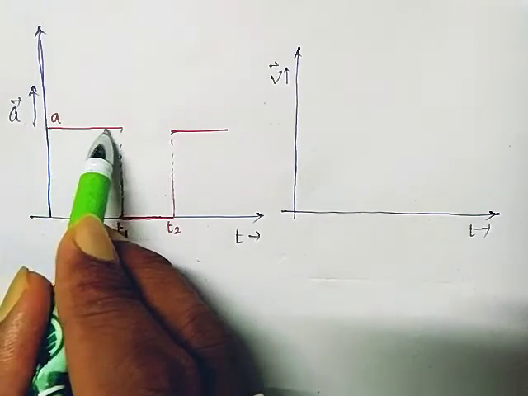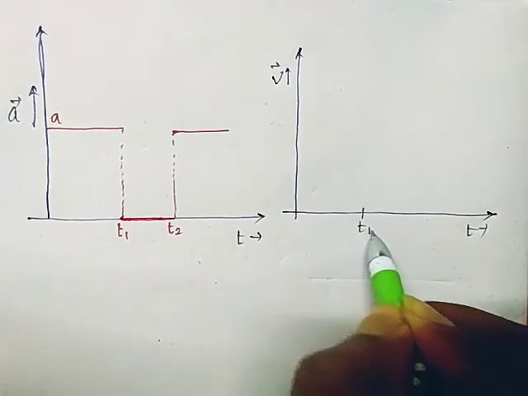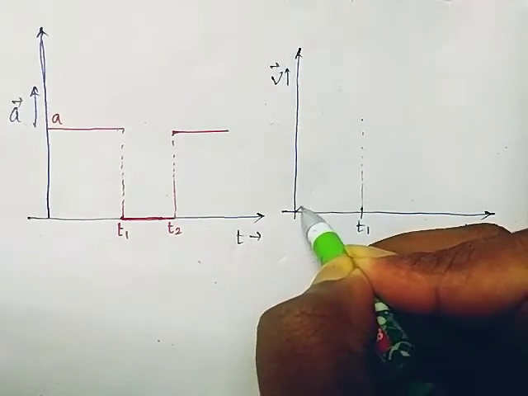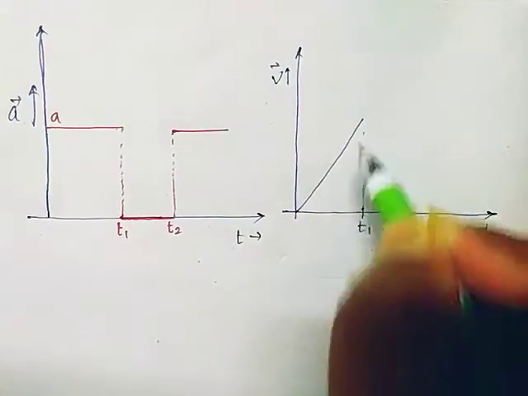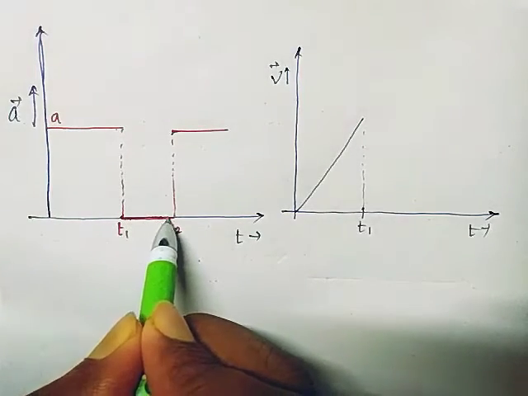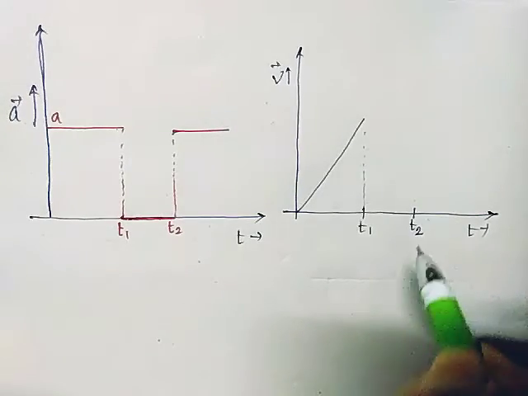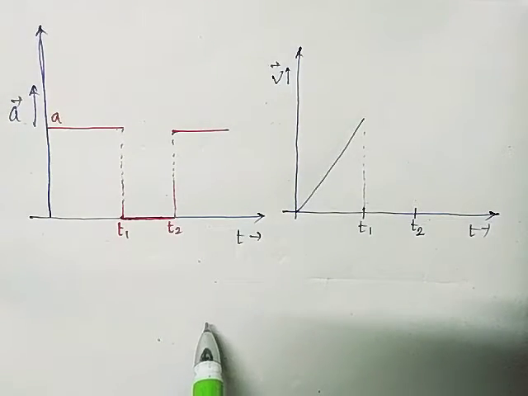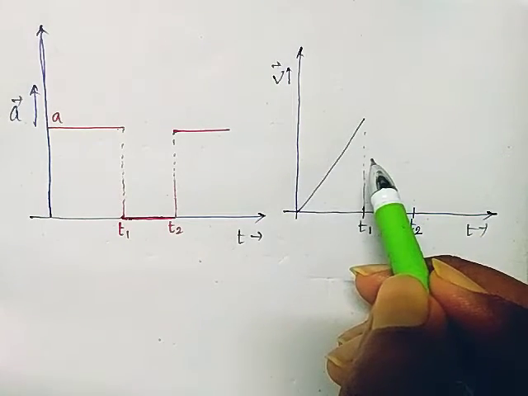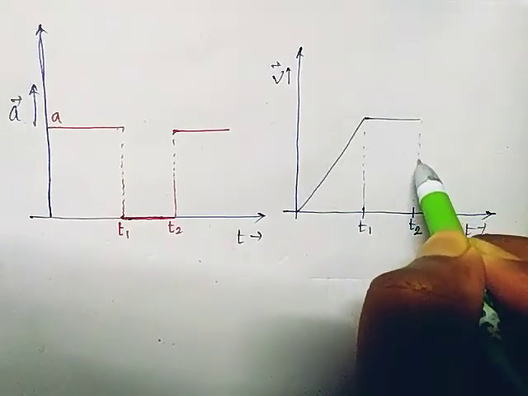Here the acceleration is constant, so the velocity changes at a constant rate up to the time interval t1. After that the acceleration becomes 0 from t1 to t2, so the velocity will not change; the velocity remains constant up to that time.